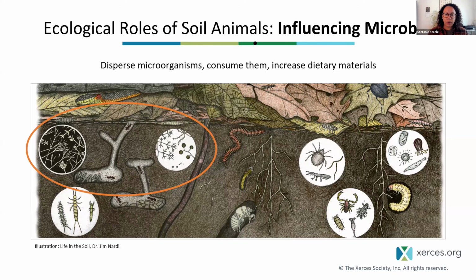Soil invertebrates can also influence these microbial communities by dispersing microorganisms throughout the soil layers, through activities such as grazing on the microbes or by influencing other resources available to them, such as making plant matter and other detritus smaller. Also mixing those nutrients within the soil layers.